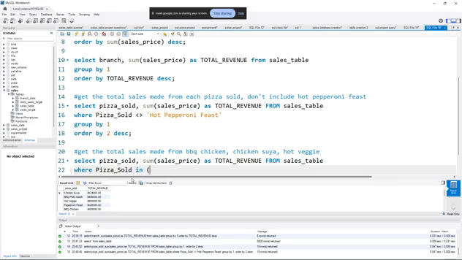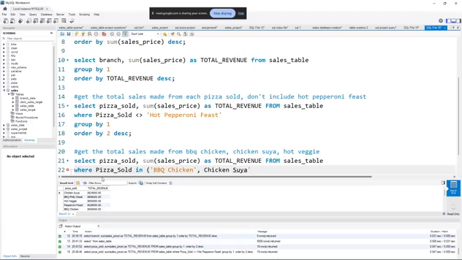What do I need? I need barbecue chicken. So you have to put it in your quotation. BBQ chicken, close the quotation, comma. I need chicken suya. Chicken suya.